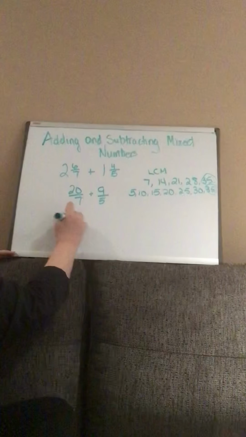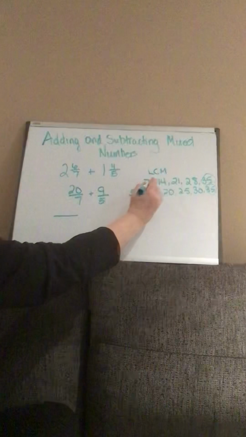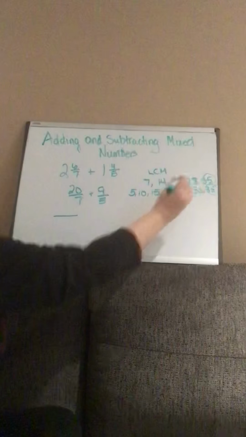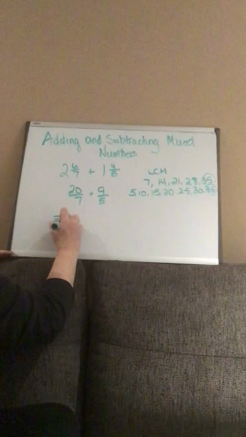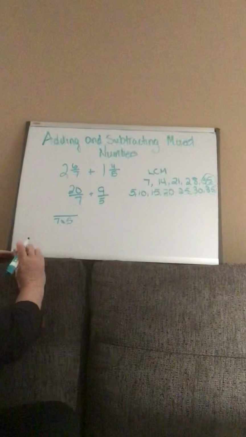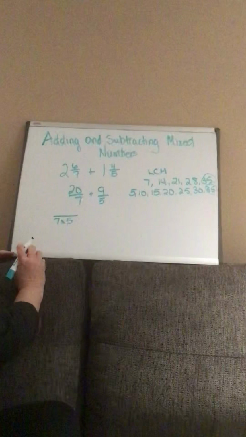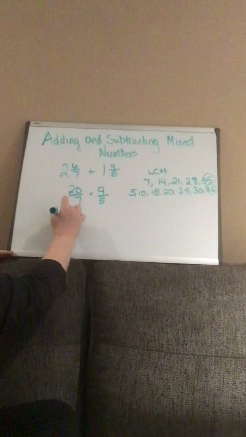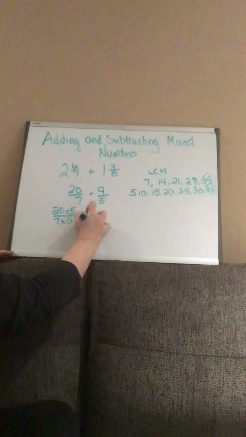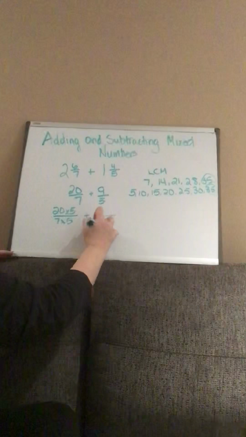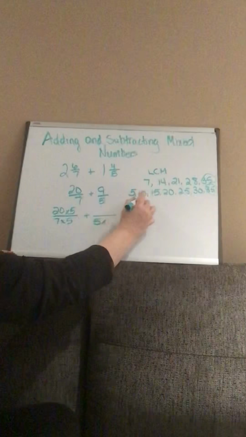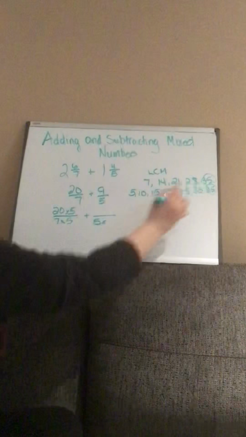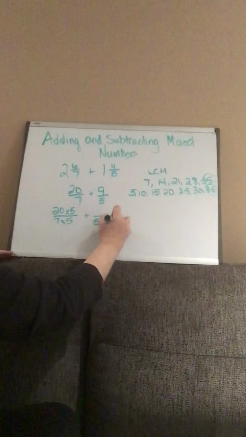So I'm going to change this. 7 times 1, 2, 3, 4, 5 gave me 35. And remember from our previous lesson, whatever I do to the bottom, I have to do to the top. 20 times 5, plus 5 times 1, 2, 3, 4, 5, 6, 7 gave me 35.